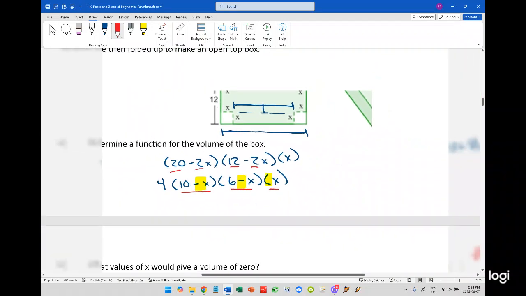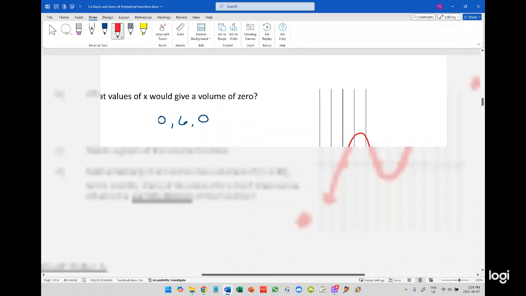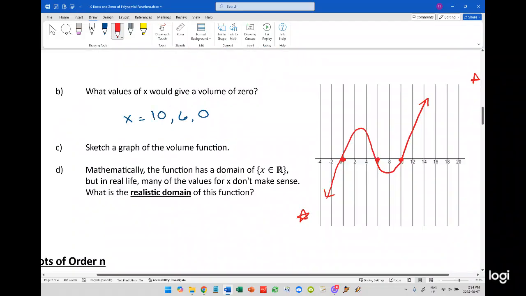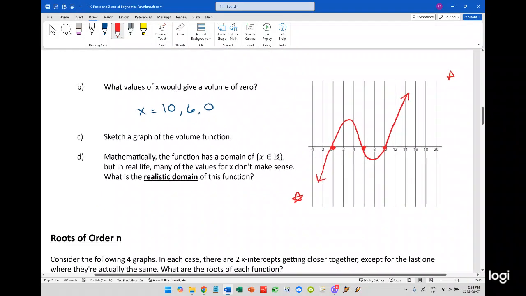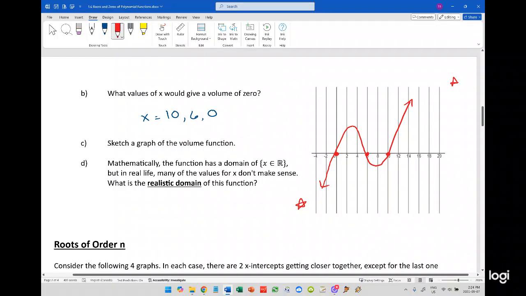And if I go back to my general picture there we are. I think what we're going to see is the only part of this that's valid is from here to here. Anything where x is less than 0 doesn't exist. Anything where x is above 6, even though it goes positive again, mathematically, it really doesn't make any sense.